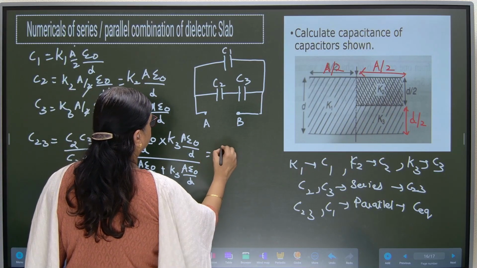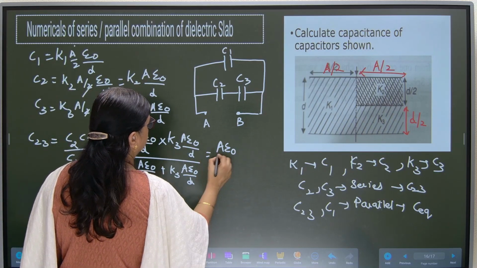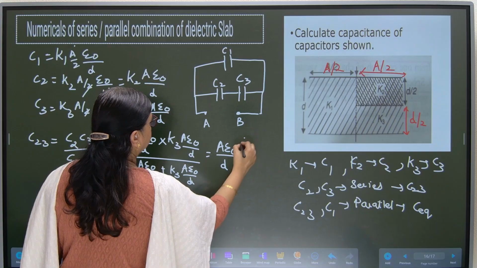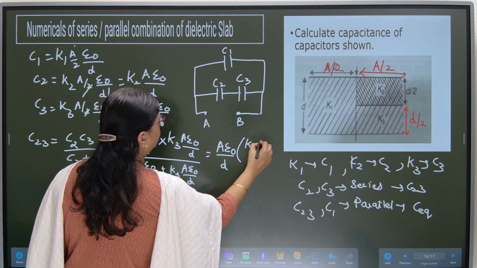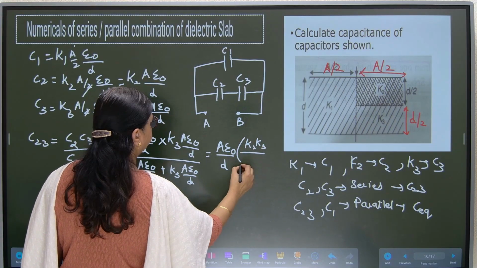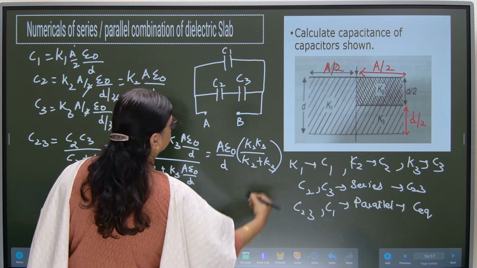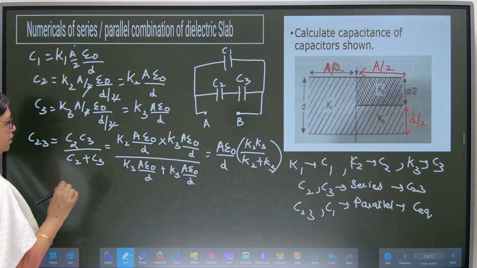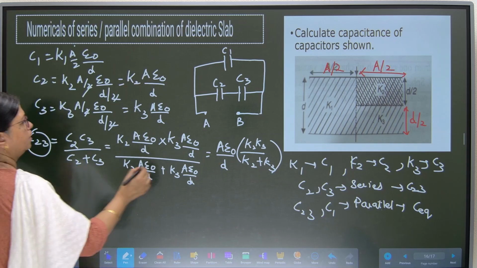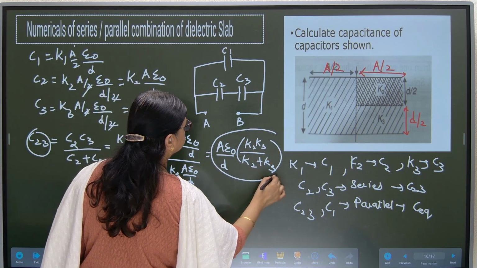So we get A epsilon naught upon D multiplied by K2 K3 upon K2 plus K3 as C23. C23 is ready with us.